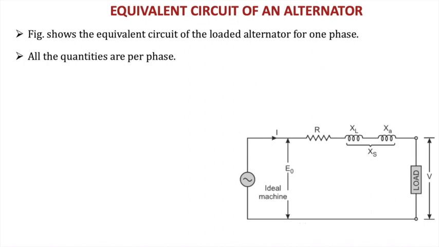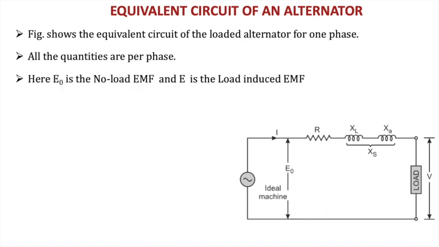Every time we need not mention that, but whatever quantities are mentioned are per phase quantities, other than the total power or the total torque produced. So here E0 is the no load EMF produced by the synchronous generator, and E is the EMF induced on load.